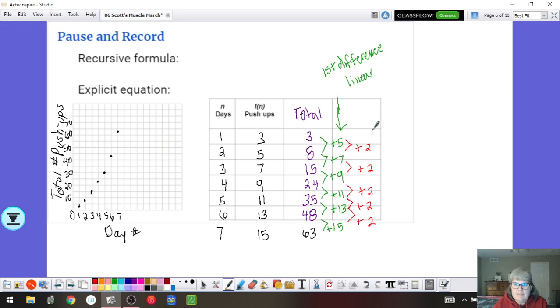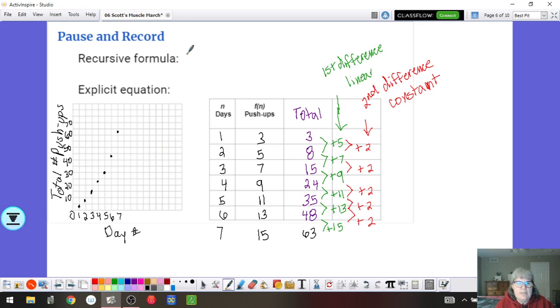The second difference is constant. So now that we have this information, it's going to help us write our recursive formula and our explicit equation.